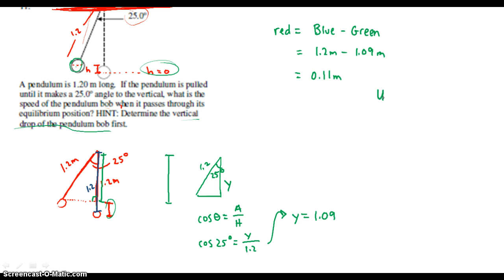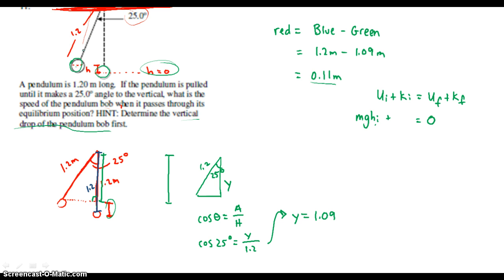So when we do energy conservation, just like the previous problem, our final potential energy is 0, because this is where our h is equal to 0. When we do our initial energy, mgh initial, that initial height is going to be 0.11 meters.